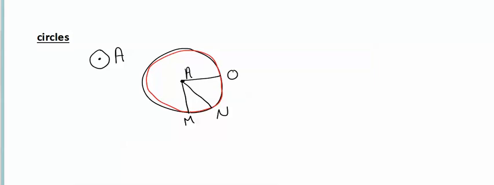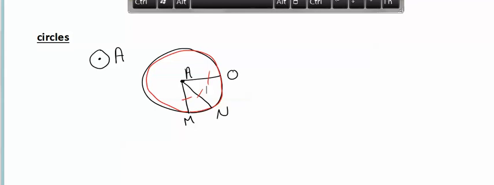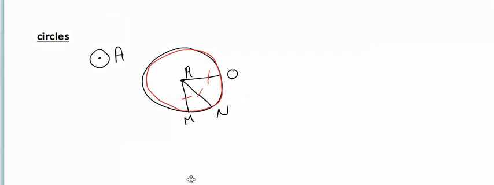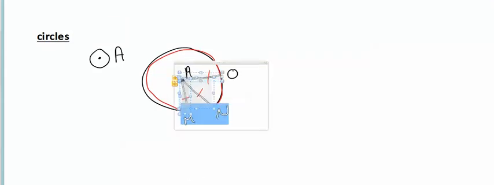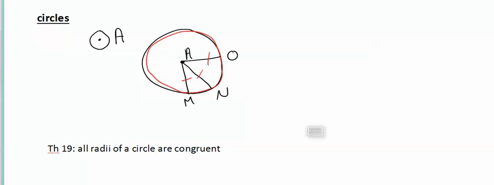Notice the distance of each radii, AM, AN, AO. You'll notice that they will be congruent. This happens in all circles. And that brings us to our next theorem, that all radii of a circle are congruent.